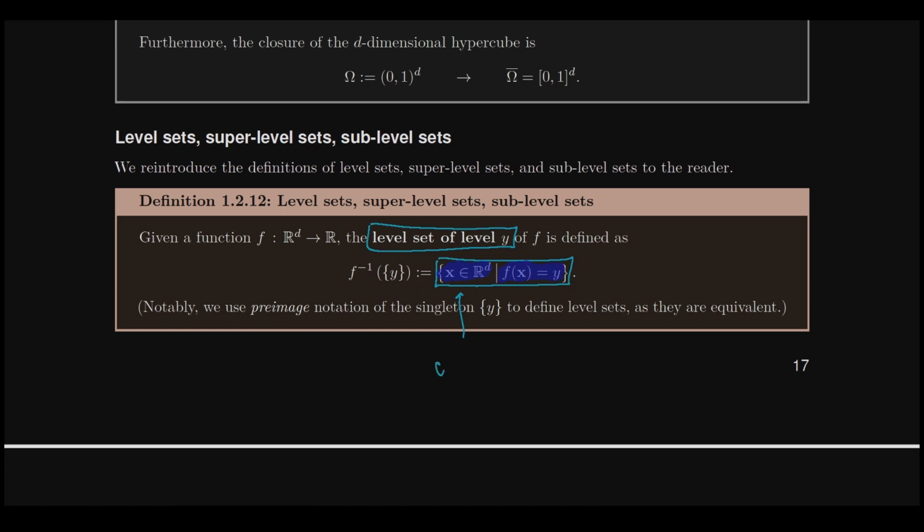So I've got my collection of x's, these are vector x's, which satisfy the property that f of that vector equals the value y. So my function here, the function I care about, when I compute its output on the input of x, I need to get the value y out of it. This is called a level set.